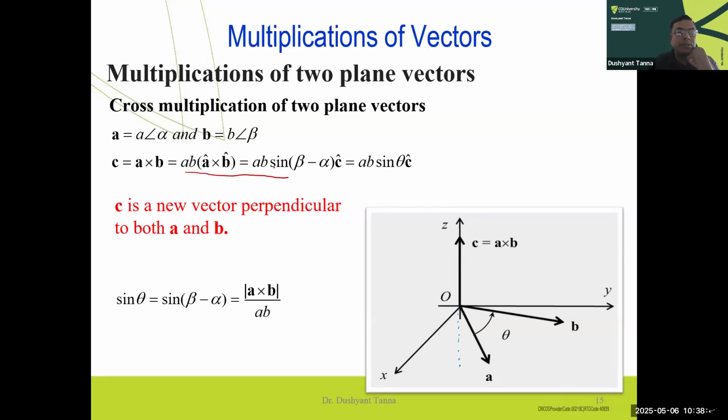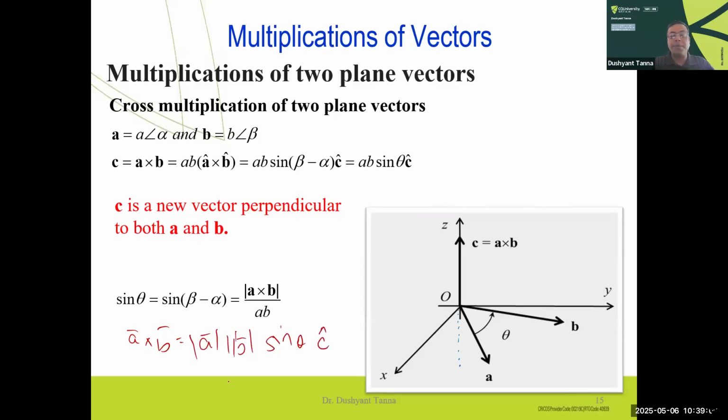What do we have? We have A cross B is mod A, mod B, sine theta, and C cap.